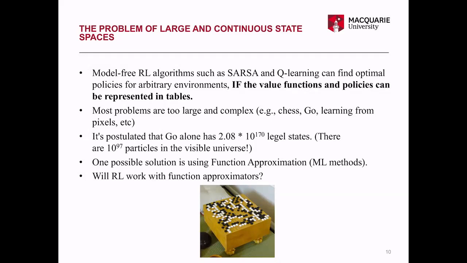So what other possibilities do we have? One possible solution is using functional approximations and machine learning methods that we have covered so far. Someone might ask why these methods are helpful. Why can we solve these problems with machine learning methods, and how do they solve the curse of dimensionality? The answer is easy.